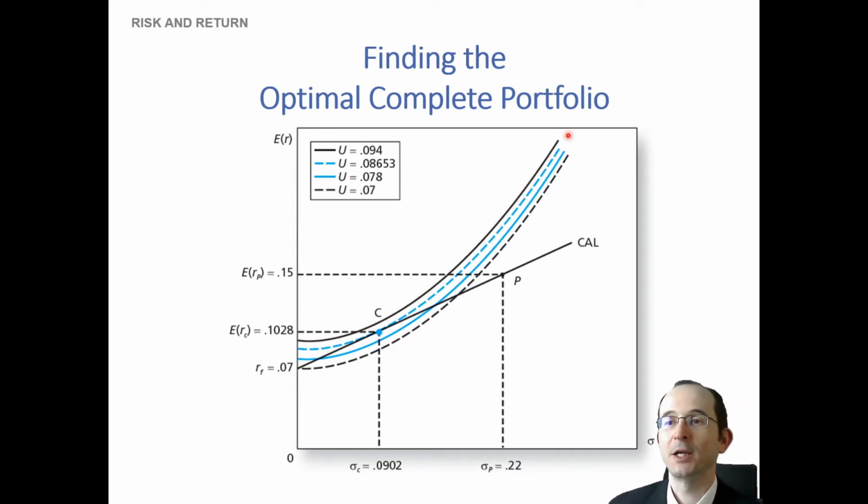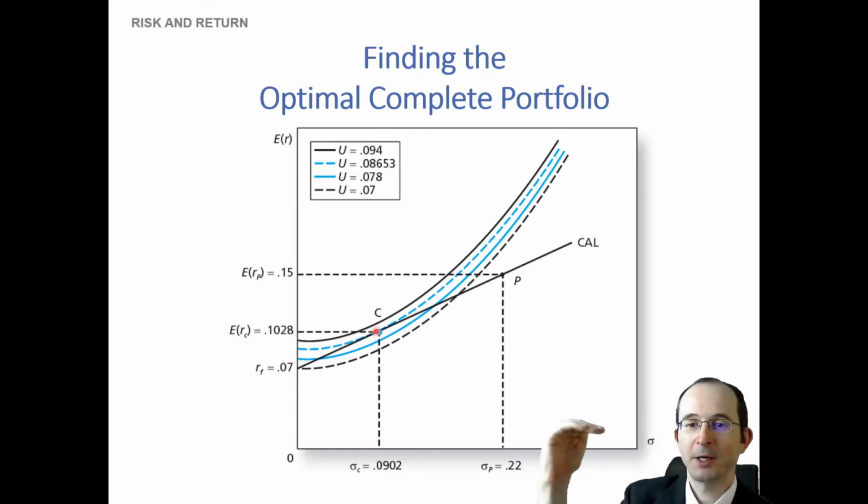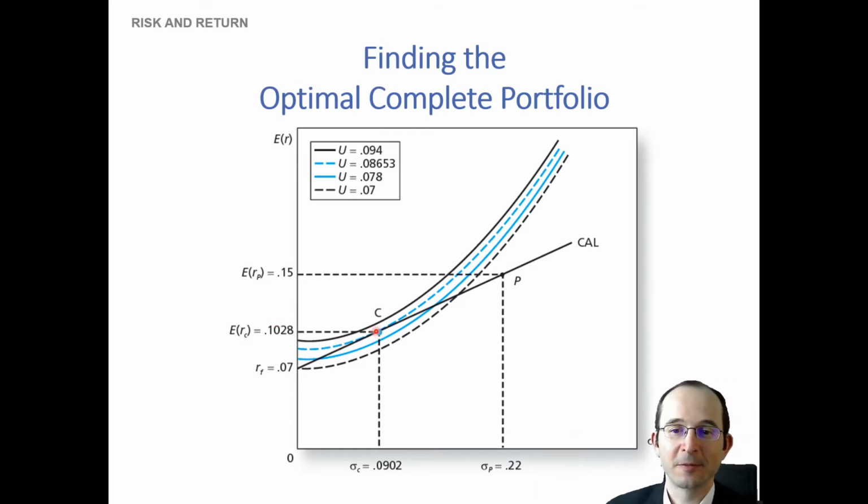Remember, the capital allocation line represents simply what is possible in terms of portfolio combinations. We just can't make a portfolio work that would give us this risk-return trade-off. So the best we can do is find the point of tangency with the highest possible indifference curve. And that happens to be this one with utility of 0.086 at an expected return of 10.28%.